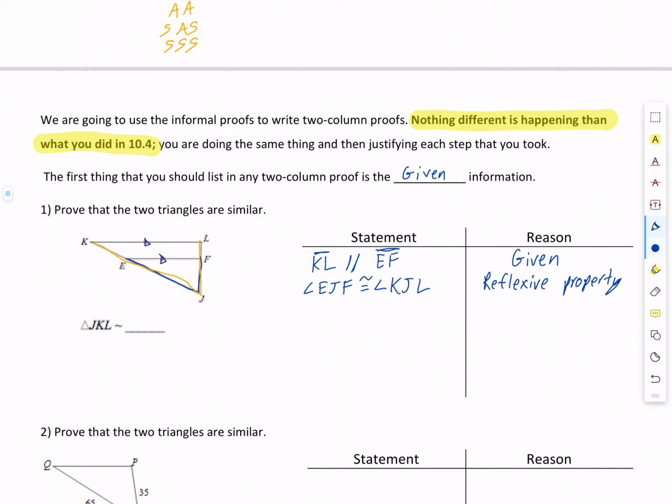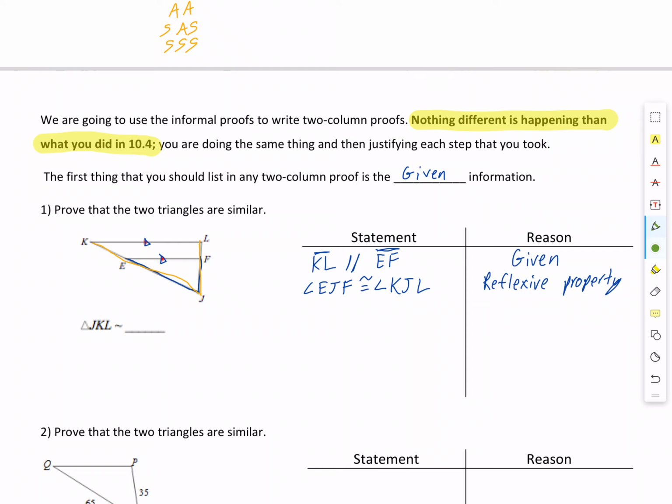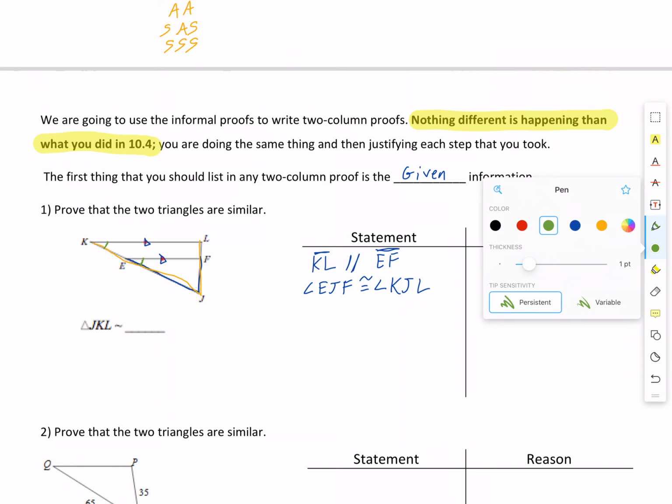Now if we remember, these guys are parallel. Let me go green here. Since these are parallel, that angle and that angle are going to be congruent.